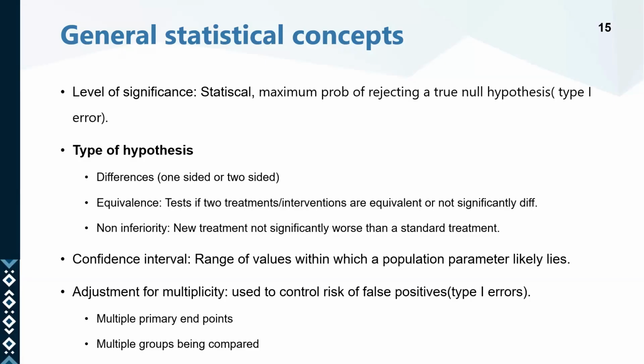So there are ways of correcting that, which you have to plan for in your statistical analysis plan. So in case you have multiple primary endpoints or multiple groups that you are going to compare, we are going to see some of the ways by which you can correct this.